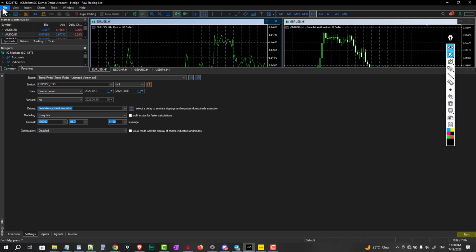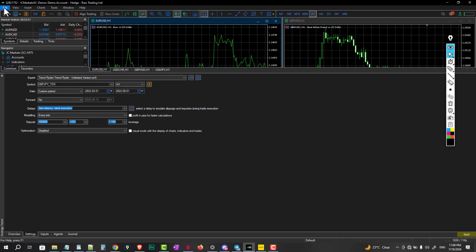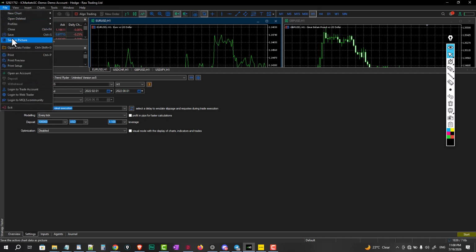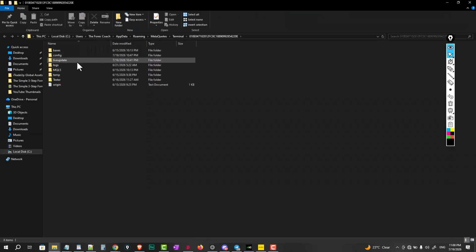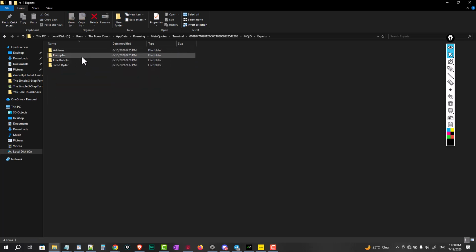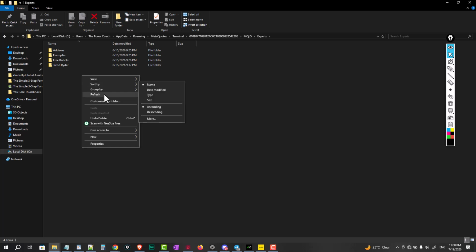Now this is assuming that you've already gotten your trading strategy coded into an expert advisor. Before you even reach this stage, it is expected of you to install that expert advisor into MetaTrader. For you to do that, all you need to do is click on File, click on Open Data Folder, and then go to MQL5, click on Experts, then paste your expert advisor here.